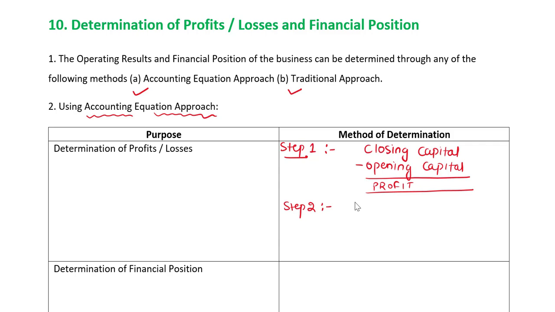In step 2, you should understand one thing: if this profit, this balance, is positive, if the difference is greater than or equal to 0, then it is obviously a profit.